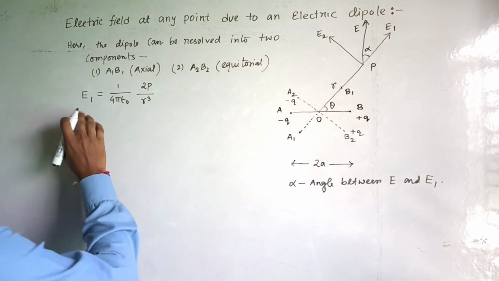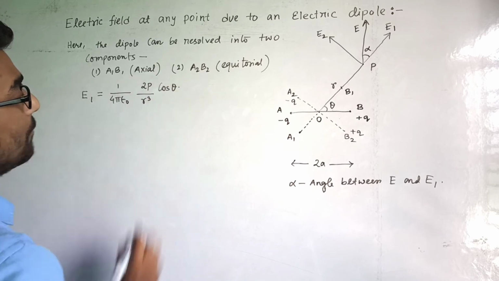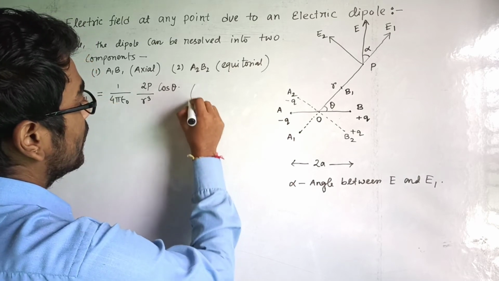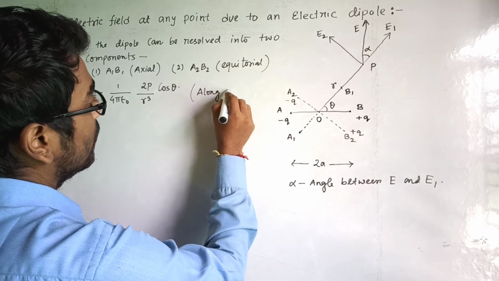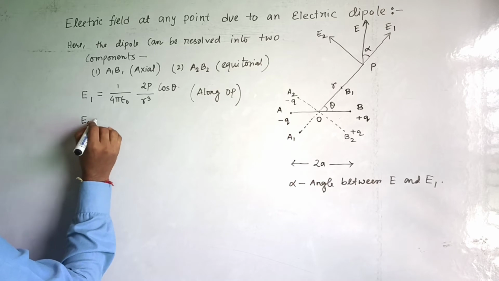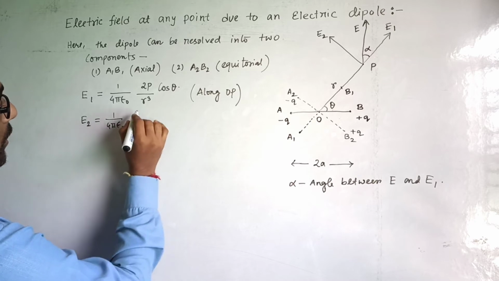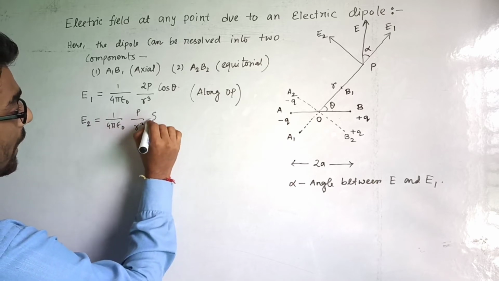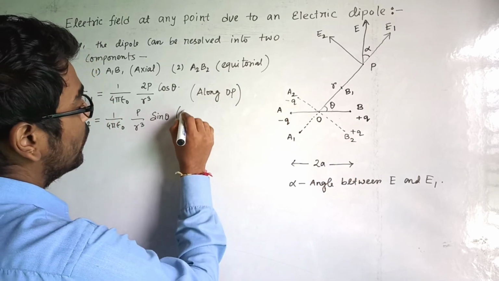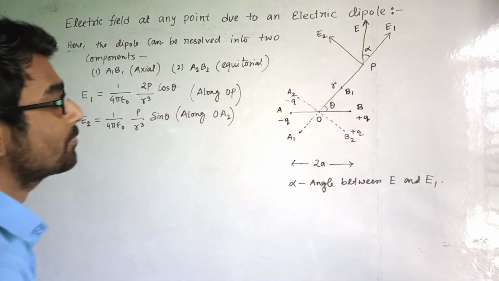So what we can write, E1 will be 1 by 4 pi epsilon naught 2p by r cube cos theta if we resolve it, and it will be along the OP direction. In a similar way, we can write E2 will be 1 by 4 pi epsilon naught p by r cube sine theta, and it will be directed along OA2, that means in this direction.